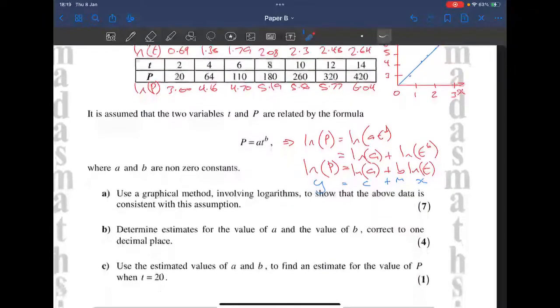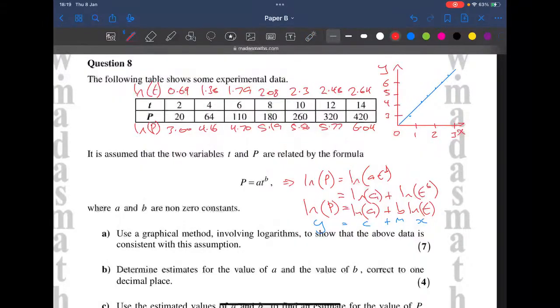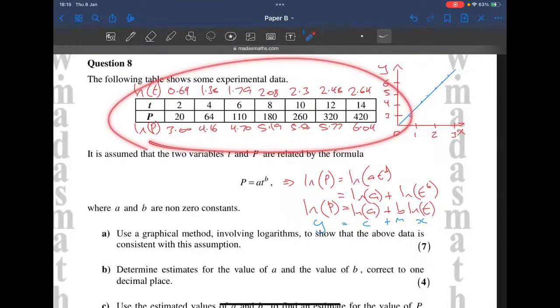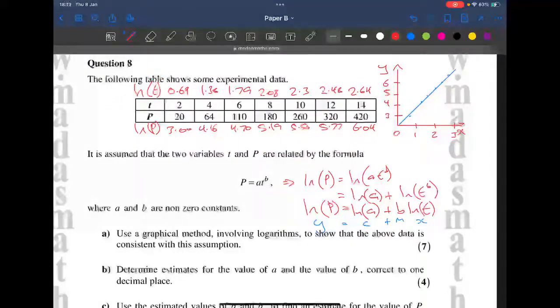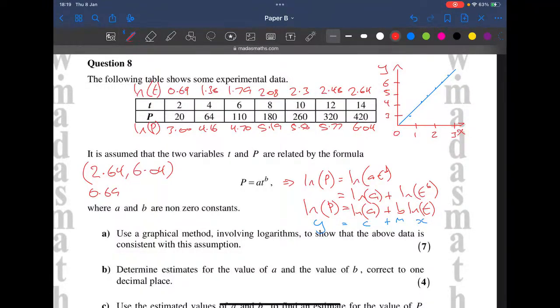For the value of a and the value of b, we need to find the y-intercept for a. I was thinking this is going to be the y-intercept, and then the gradient for b. So for the gradient, we'll use the data that we've got over here. So I'm going to have the coordinates of 2.64 and 6.04 and 0.69 and 3.00.